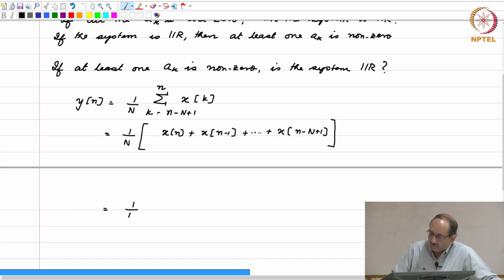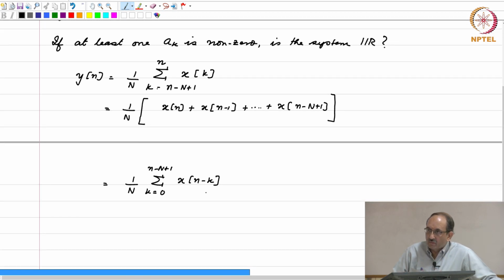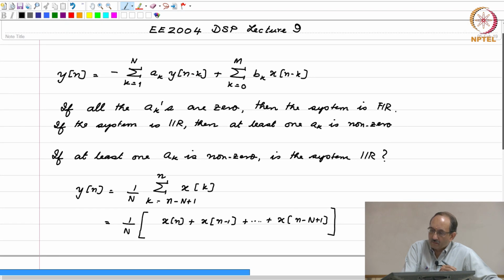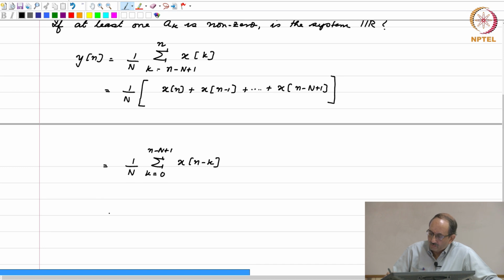So, clearly the above equation can also be written as 1 over N times the sum, k going from 0 to N minus 1, of x of n minus k.